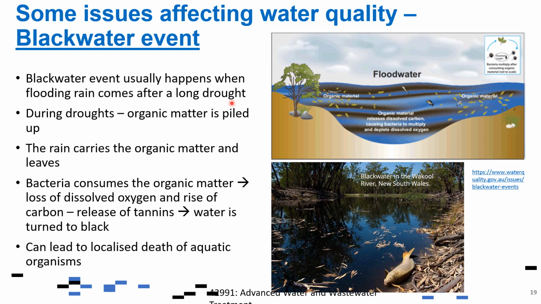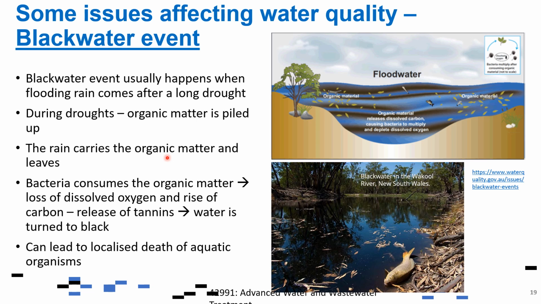The leaves are decomposing, the animals that died are also decomposing. So it means that the BOD, the organic matter, is increasing. So when rains come, just similar to bushfire, they bring this organic matter and leaves together.